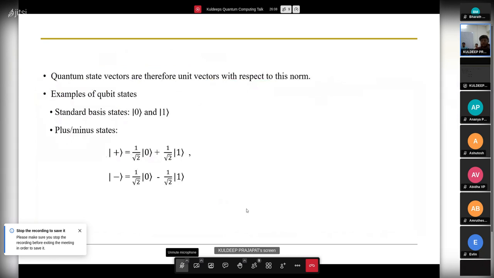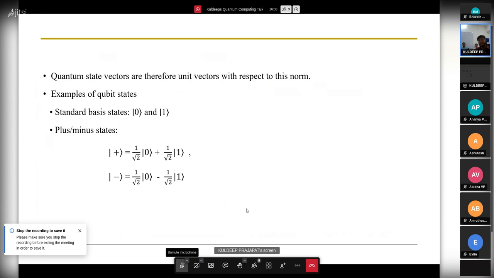Now, these quantum state vectors are represented as column vectors, and there the sum is equal to 1, so it is a unit vector. In classical mechanics, we represent a bit system, so we have 0 and 1 states.